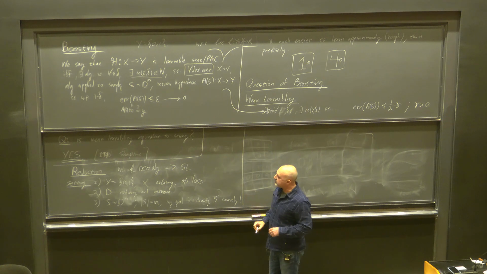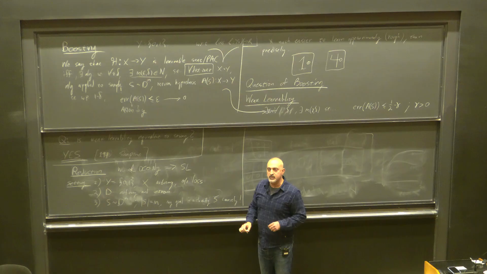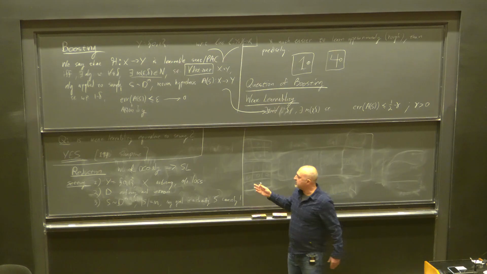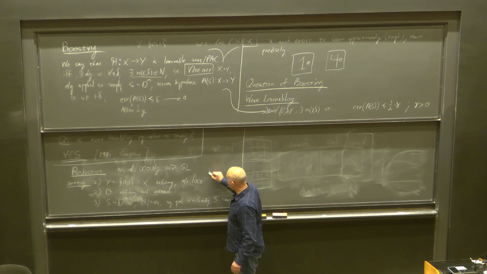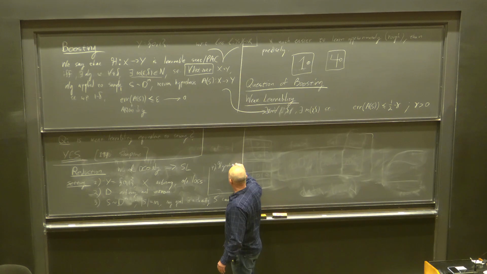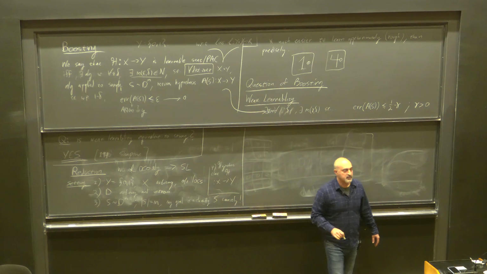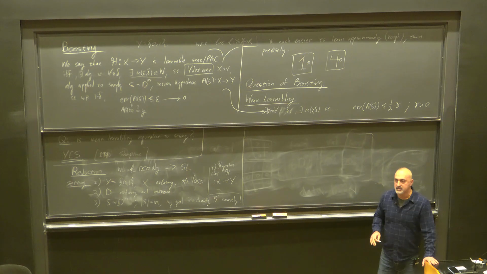So is it clear what I'm trying to do? What are the rules of the game? The rules of the game is I have some distribution over a world. I have some hypothesis class H from X to {0, 1}. My only access to it is via the weak learning oracle.